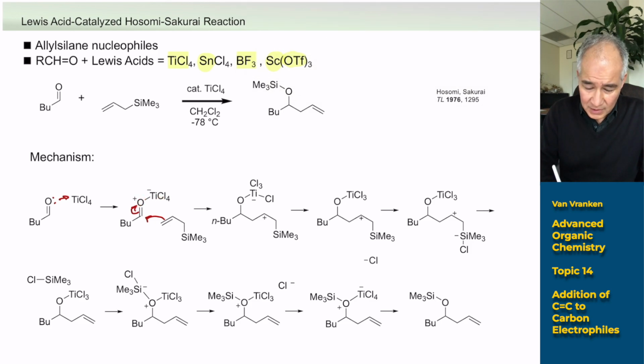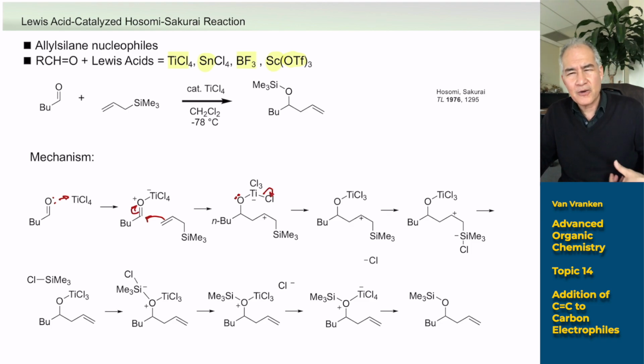But once we add that allylsilane in, now there's a lone pair available on the neutral oxygen that can accelerate the rate at which that chloride comes out as a leaving group. I'm not going to start my arrows with the oxygen lone pair, but I'm simply going to show that the chloride anion can come out of the titanate anion. And that leaves us with a chloride anion, and I've drawn that down below the silicon because I know that we need to get the silicon off, and we need a nucleophile to help make that happen.